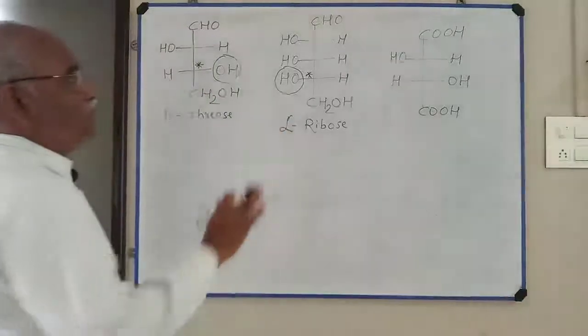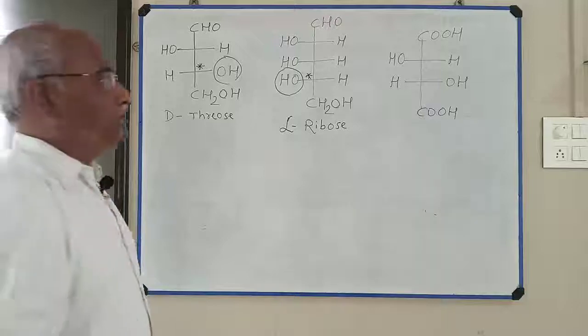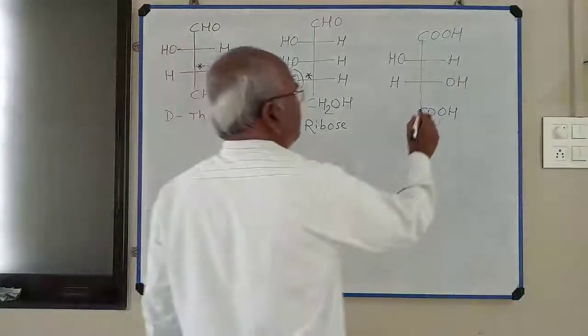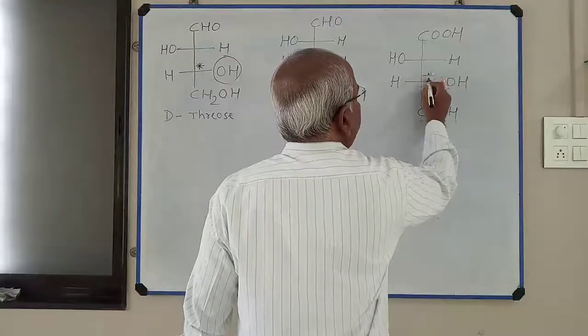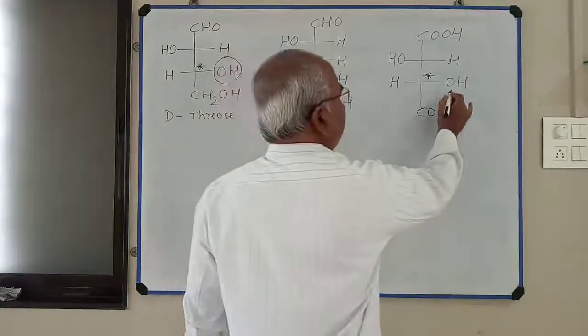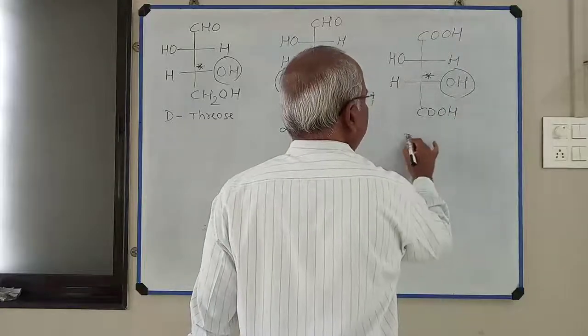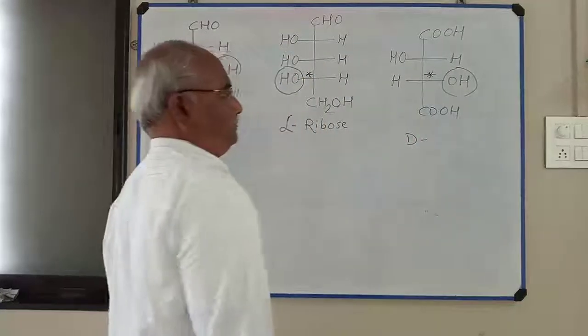This is one compound and you have to assign D or L configuration. This is the lowest chirality center. The OH group is present on the right hand side, therefore it has D configuration.